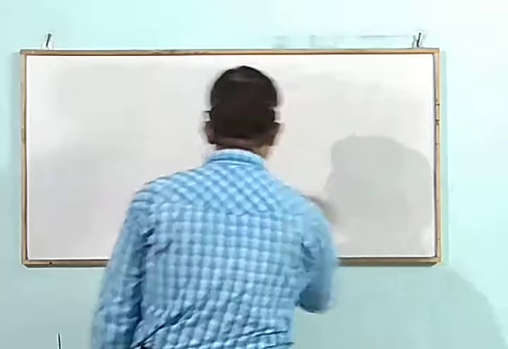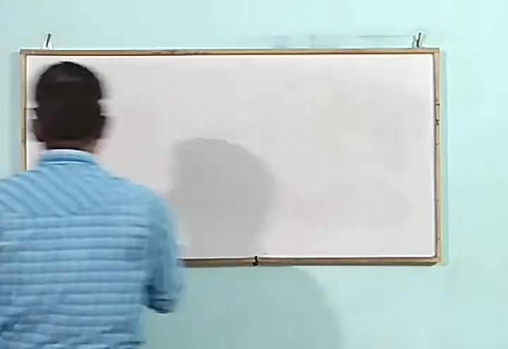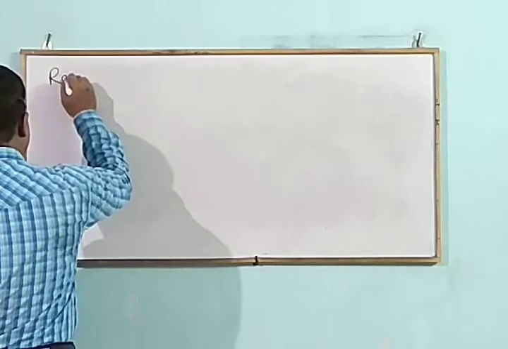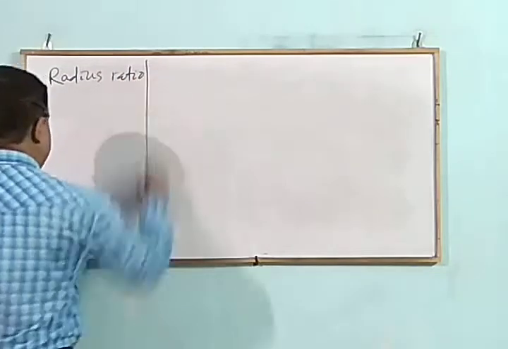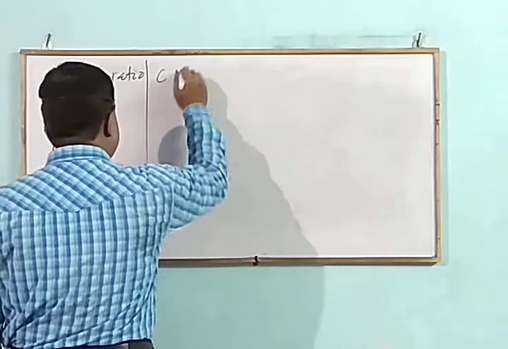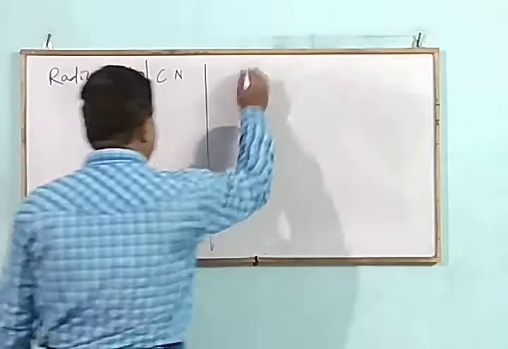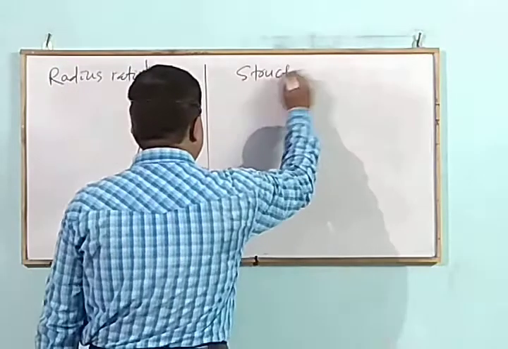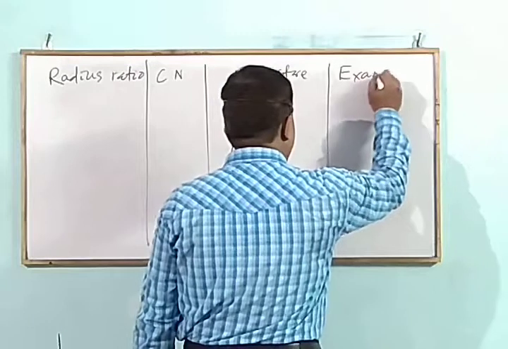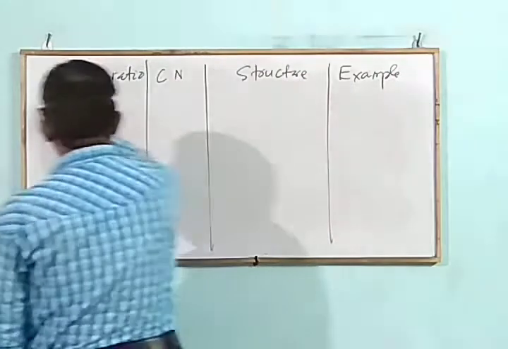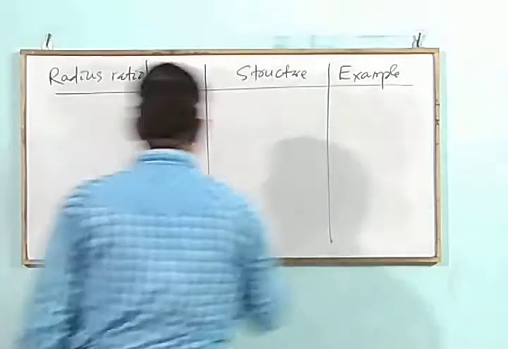Mark the table. First one is radius ratio, next one is coordination number, next one is structure, last one is example. Mark that.